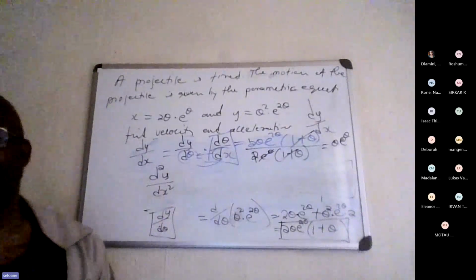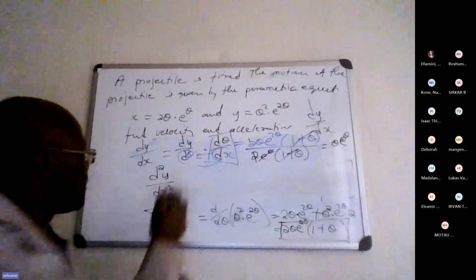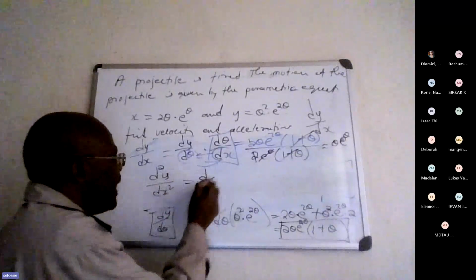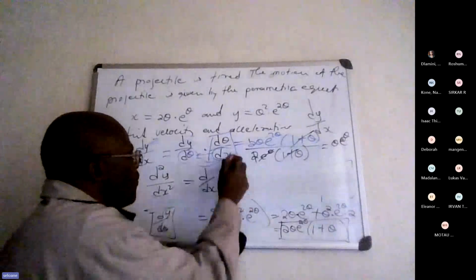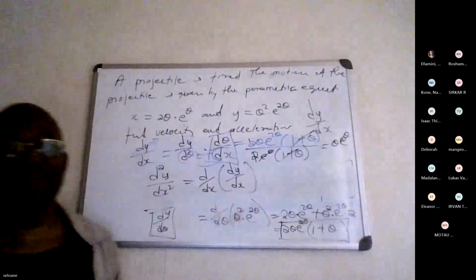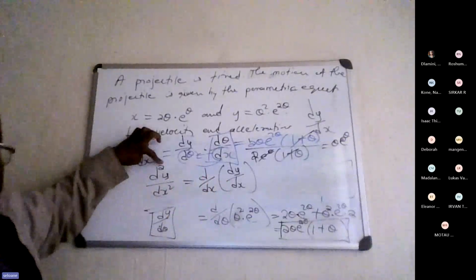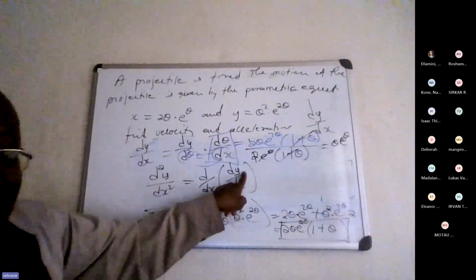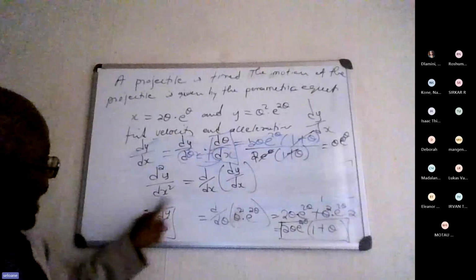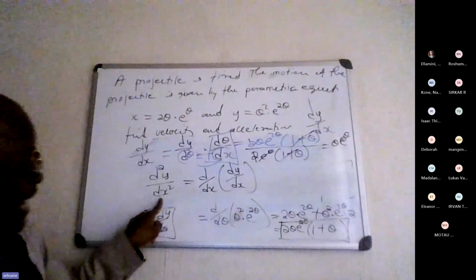That is the acceleration. Now, what is this? We know this is d by dx of dy dx. D and d, they will give you d squared. Then from there you have got y, and dx by dx is dx squared.